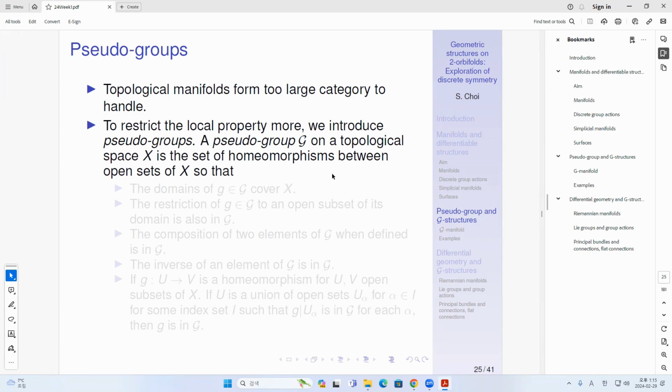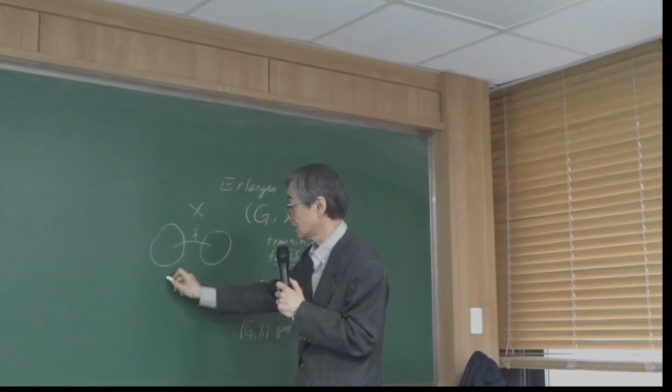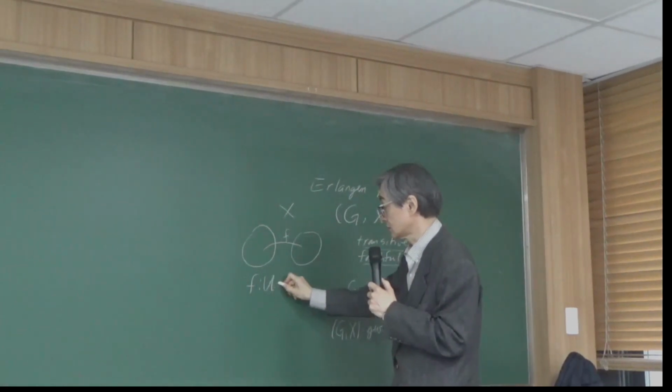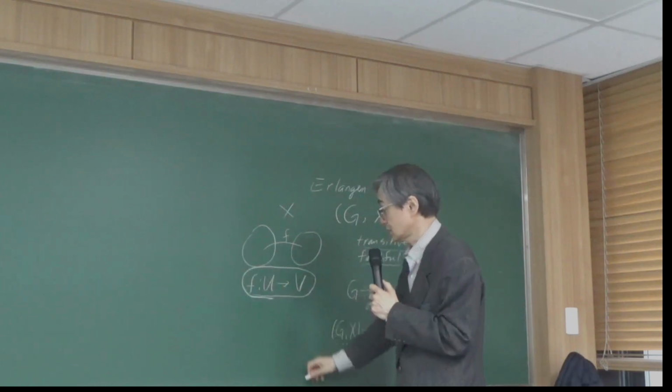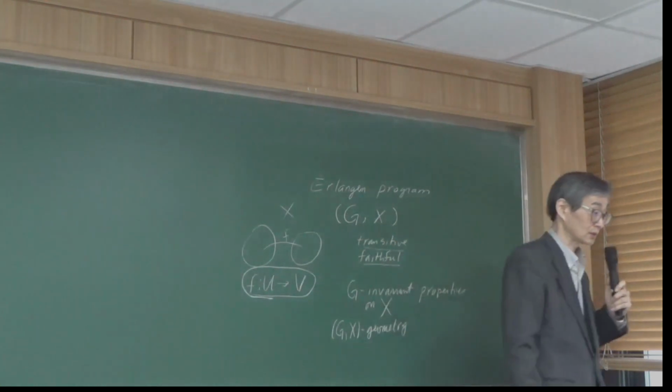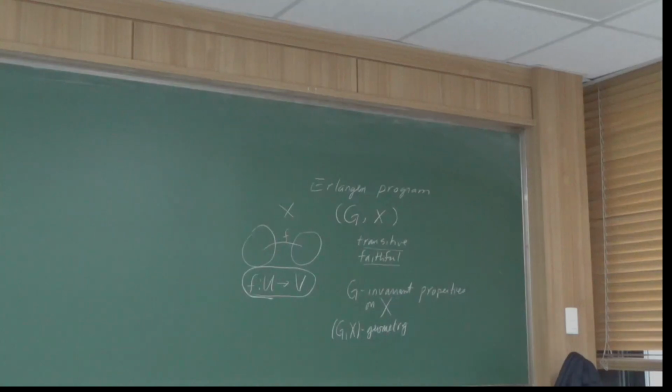So you have some set of homeomorphisms between open sets. This is X, and these elements are homeomorphisms from U to V. So you look at all these elements.